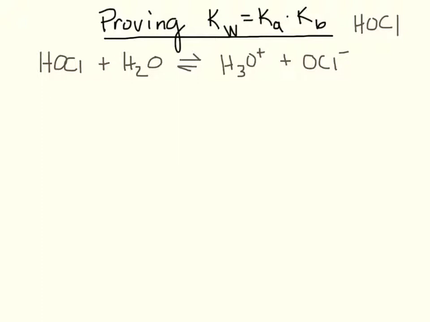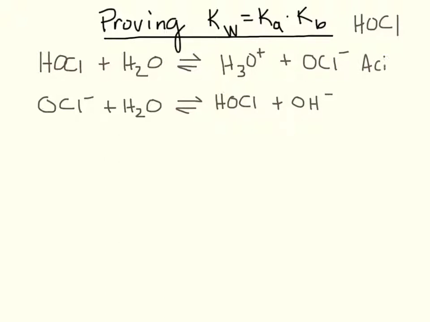When OCl minus is by itself, it does the opposite thing. It will react with water to produce HOCl and OH minus. One of these acts like an acid, and one of them acts like a base.